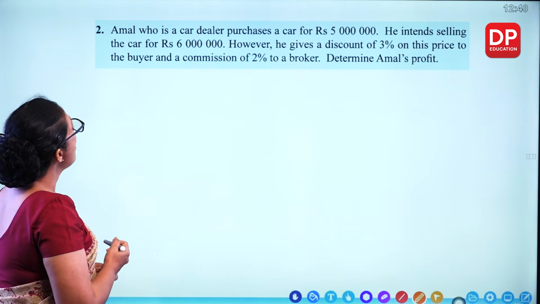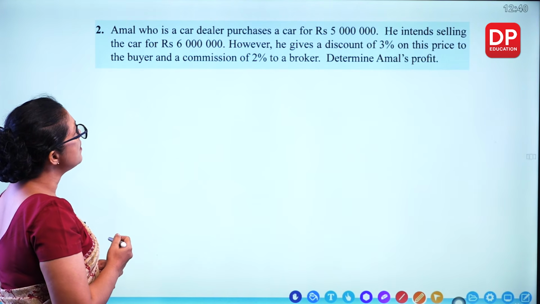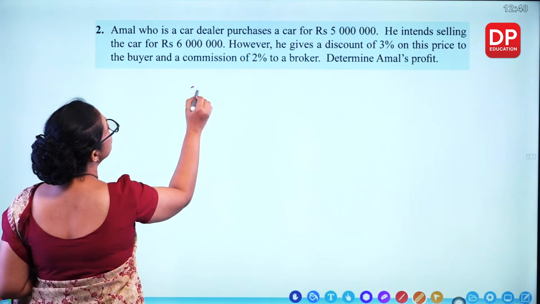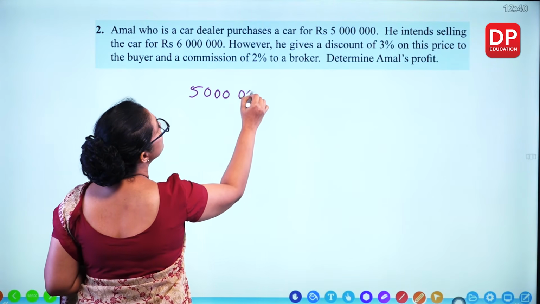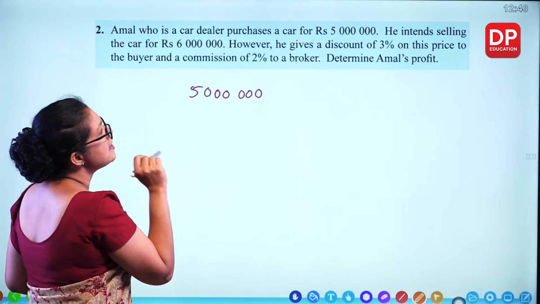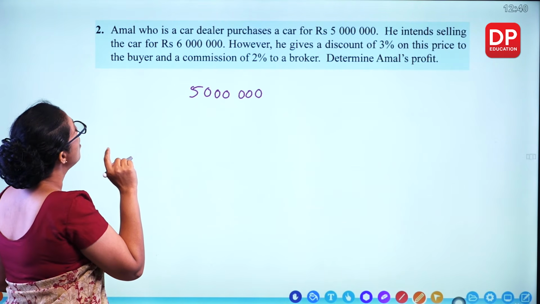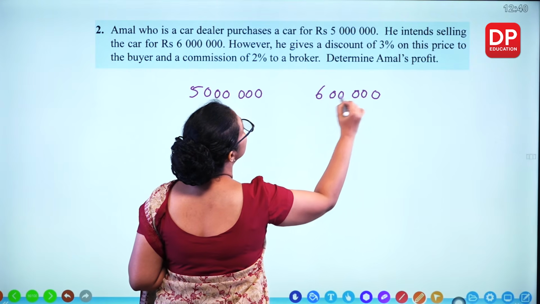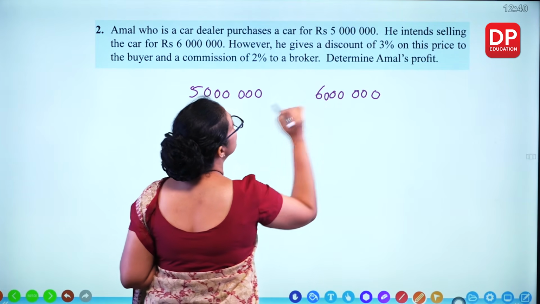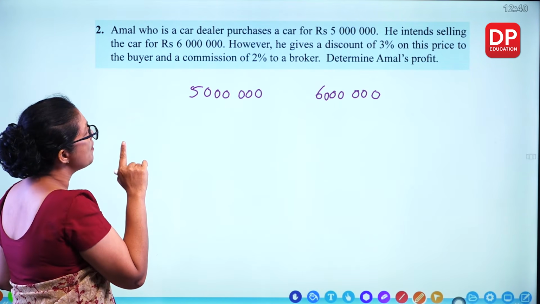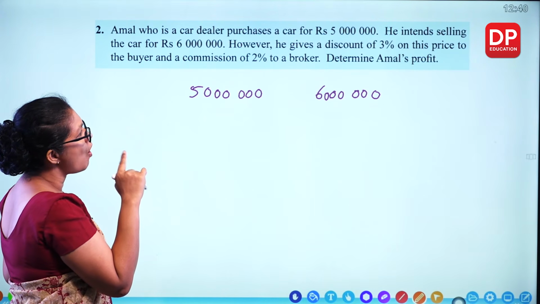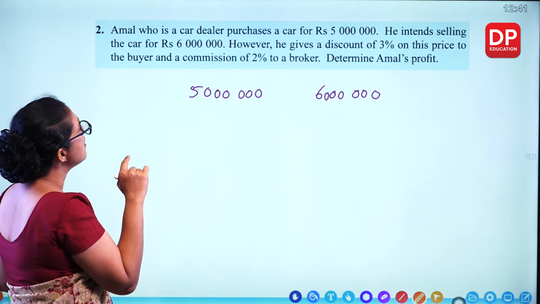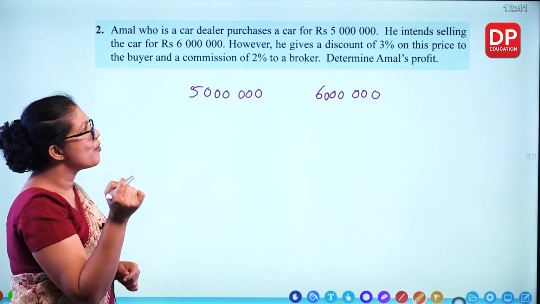Question number 2. Amal, who is a car dealer, purchases a car for 5 million. He intends selling the car for 6 million. However, he gives a discount of 3% on the price to the buyer and a commission of 2% to the broker.